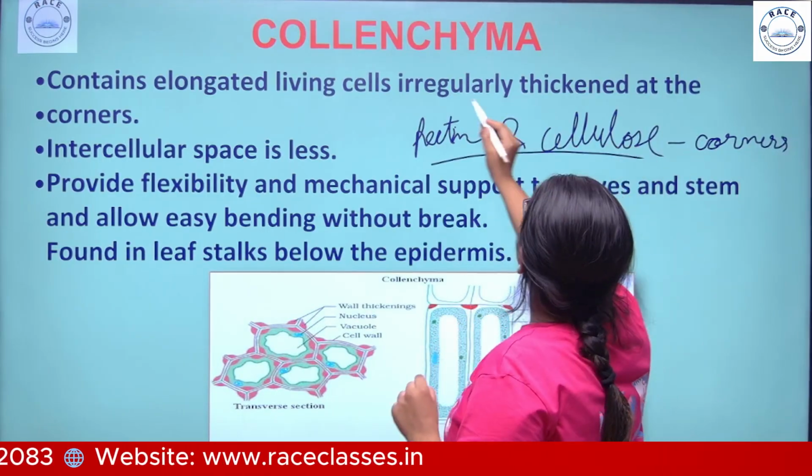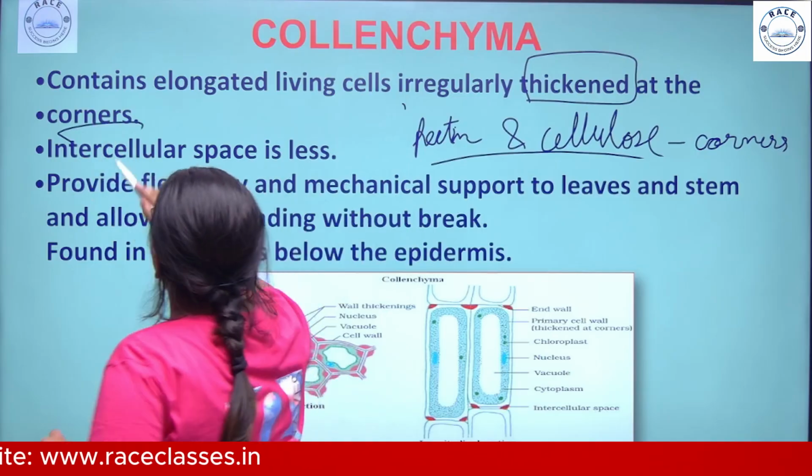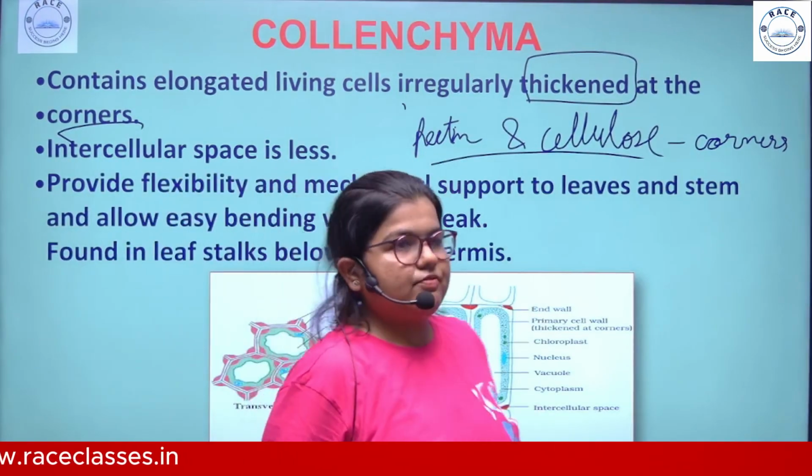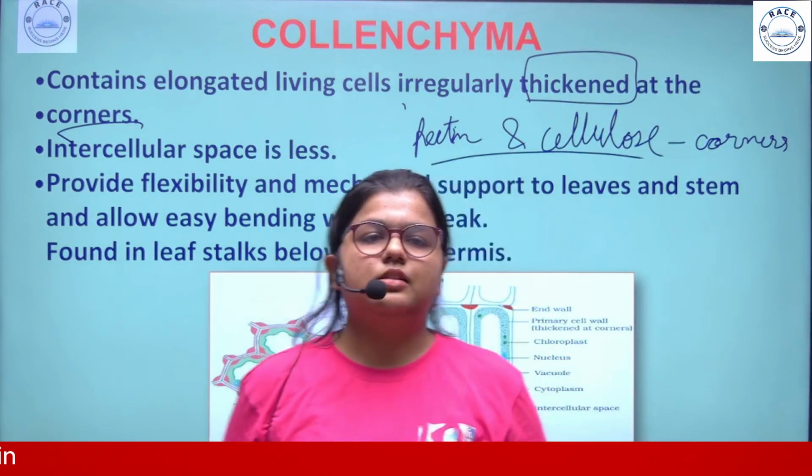That's why it is highly thickened at the corners. Intercellular space is less. When we compare it with parenchyma, the intercellular space is a little lesser.